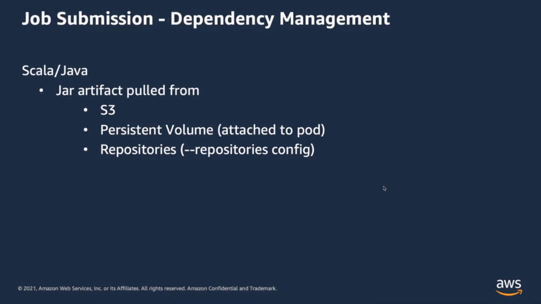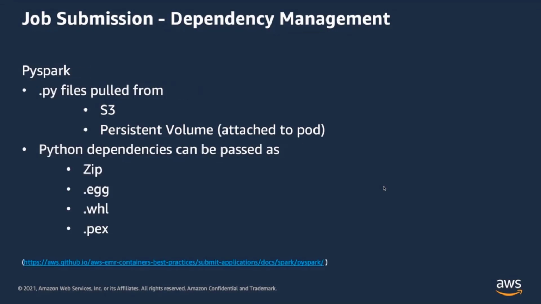The other approach is you can use the native Spark on Kubernetes capabilities to pull the artifacts directly from repositories like Maven. With PySpark, the options that we talked about earlier for Java and Scala Spark also apply.